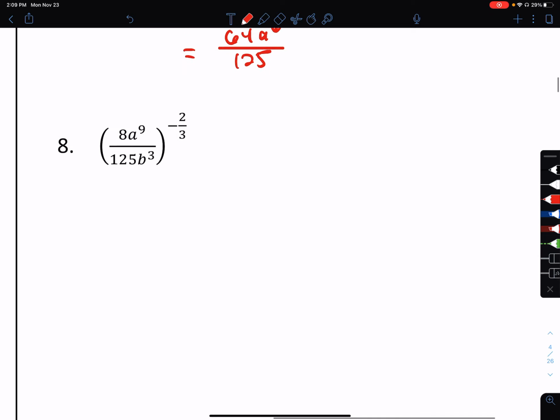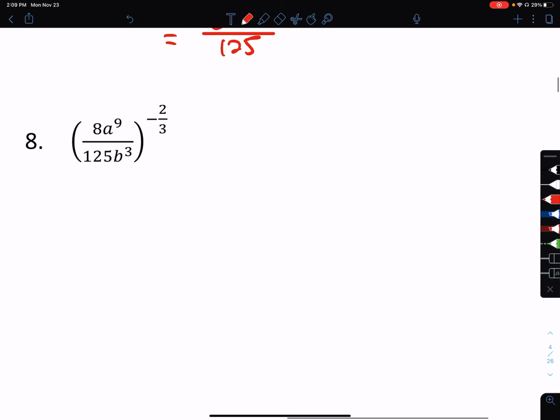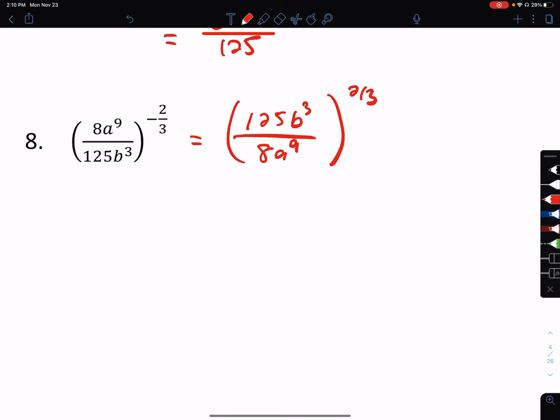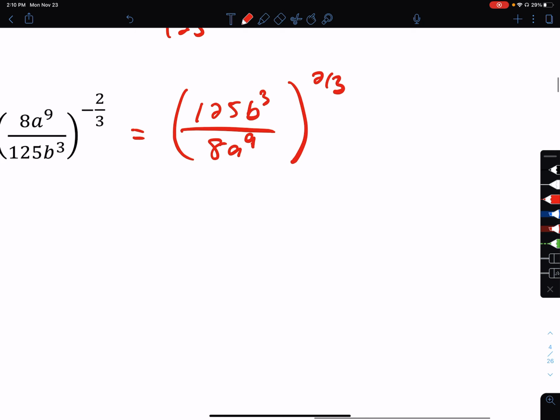All right, this next one, nothing can be simplified on the inside. I like my exponent to be positive, so I'm going to reciprocate the inside. And that changes the sign of my exponent. Now, let me do this a little bit differently. Let's say I want to take this just in parts.